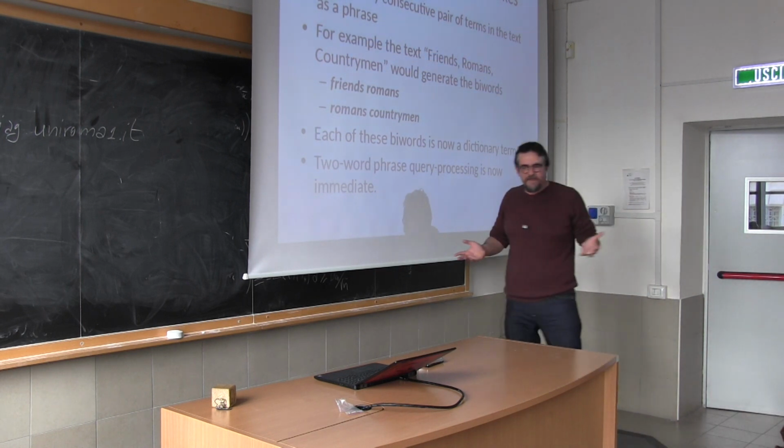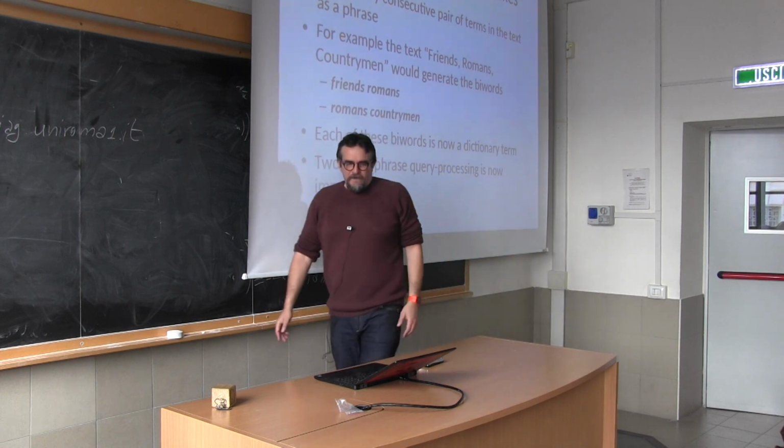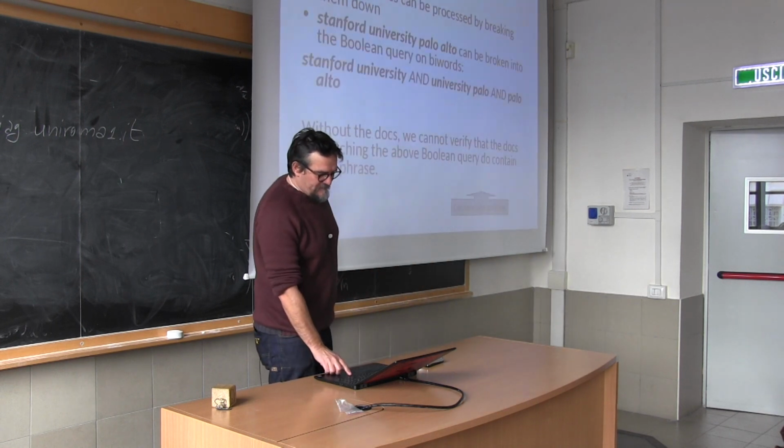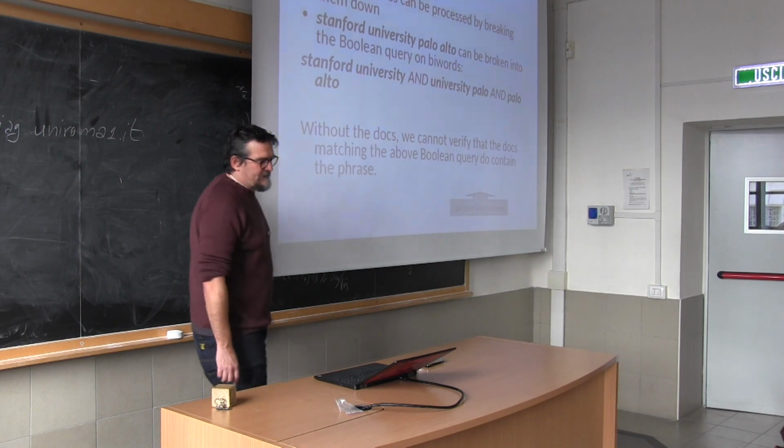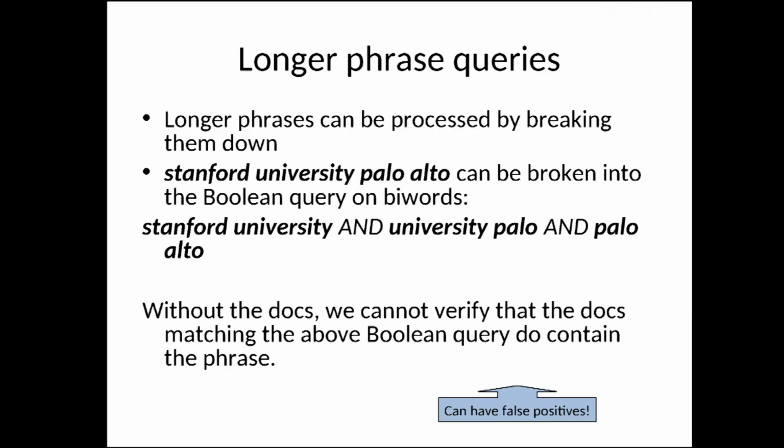It grows really big. Indeed, the main problem is how to deal with longer queries. As an example, you have Stanford University Palo Alto. You can consider biwords, three words, four words. Done. This is one solution.